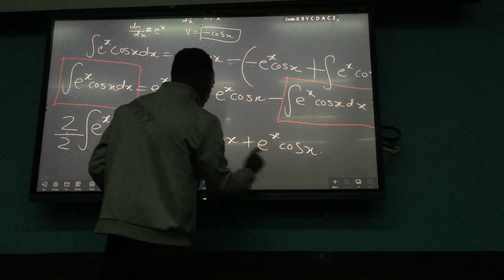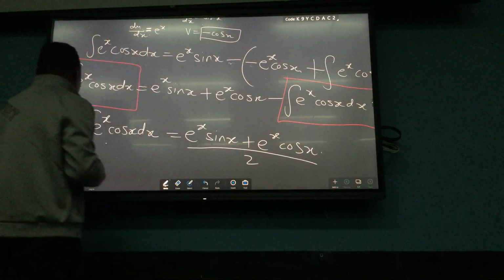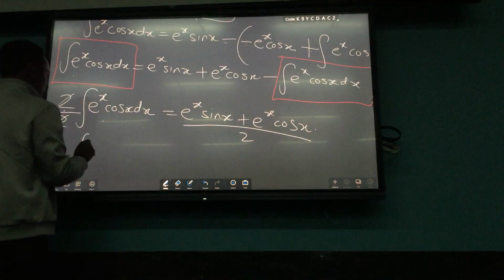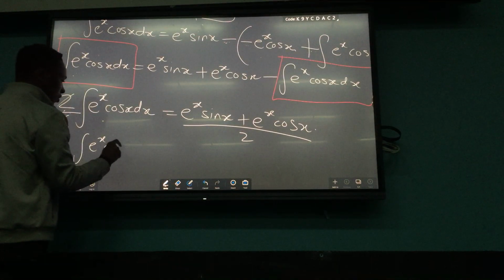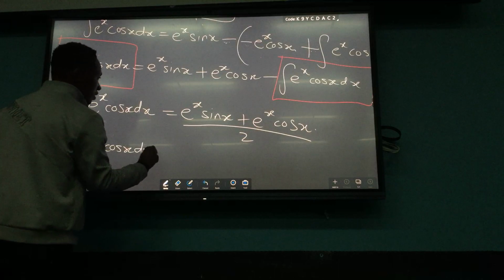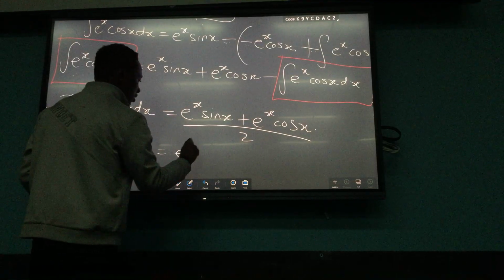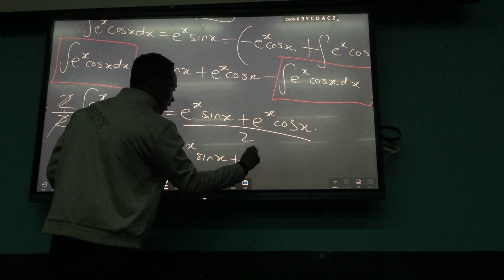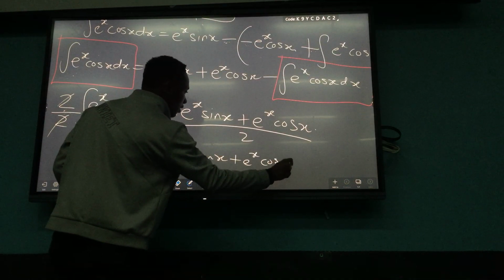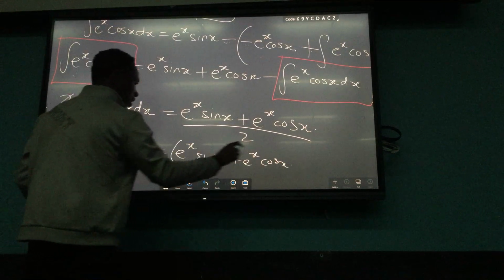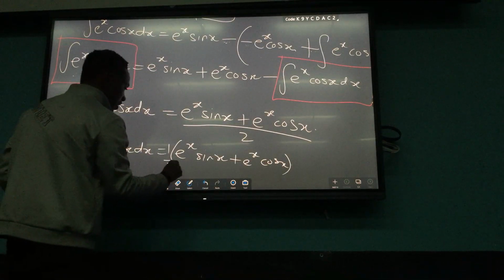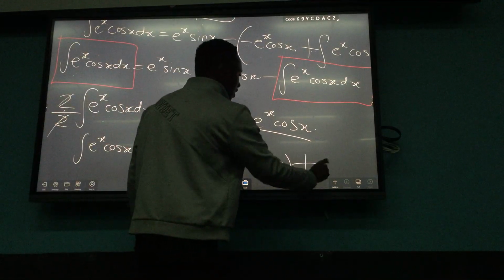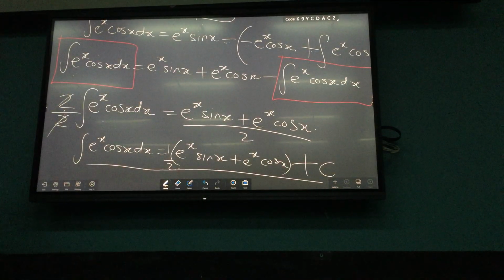So if we divide both sides by 2, it's going to be the integral of e to the x cos x dx equals e to the x sine x plus e to the x cos x. We can factor out this 2 there and put it as a 1/2 outside the bracket. And then we can put our constant of integration c. So that's our complete solution.